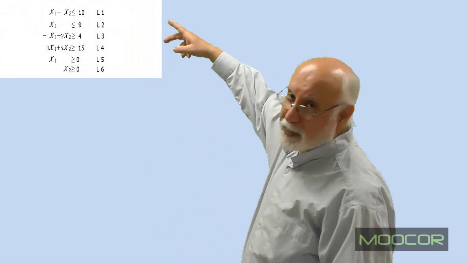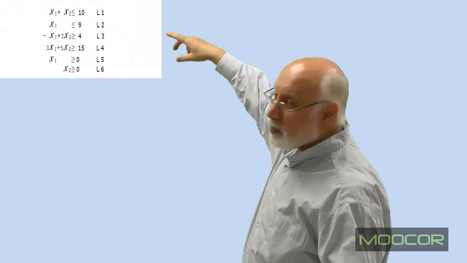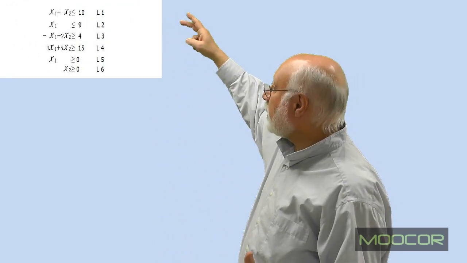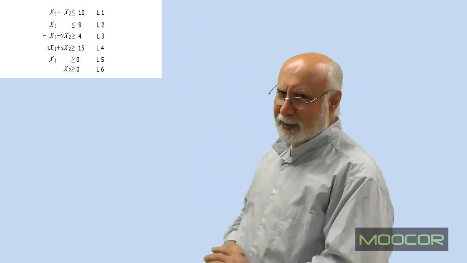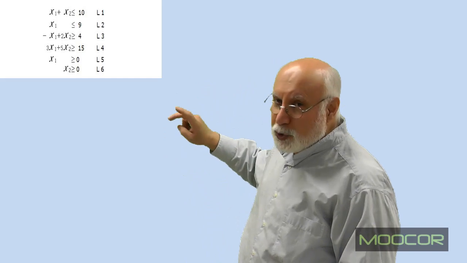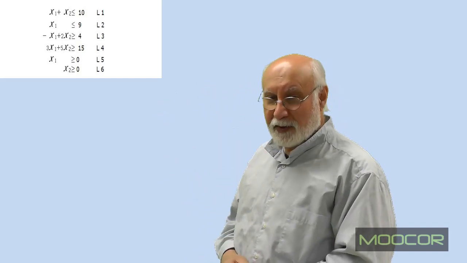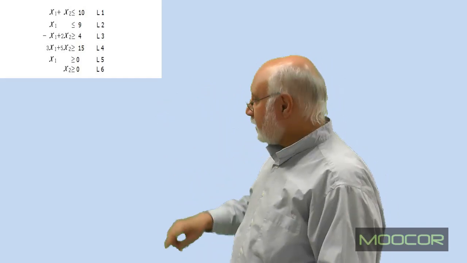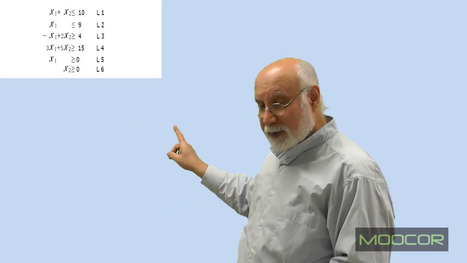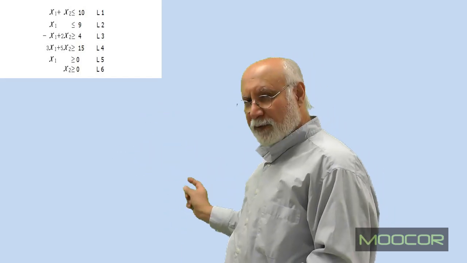Now, let's combine all these things into a problem and find out what the feasible region is. And this is the example. You will see that it has a number of less than or equal sign and greater than or equal sign, including two specific constraints, which say x1 greater than or equal 0 and x2 greater than or equal 0.